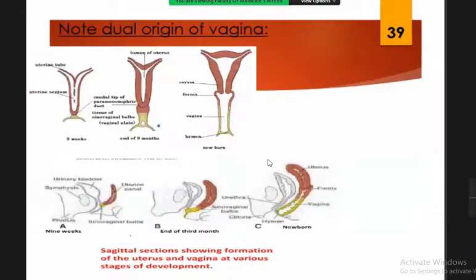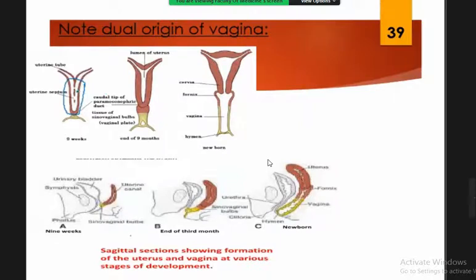So how does the vagina come about? We saw the two duct systems, the Mullerian ducts, coming from either side to fuse to form a uterovaginal bud or primordium.